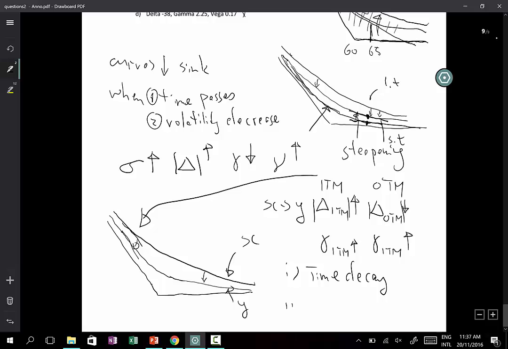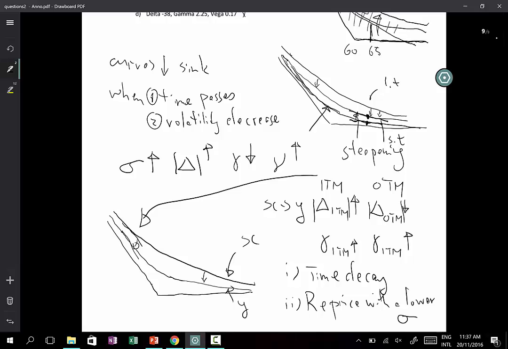Two is when you simply reprice your options with a lower volatility, a lower sigma, with your own estimate of sigma. Now that, of course, was exactly what the last question of set one was asking you. So I just want to make that point quite clear.